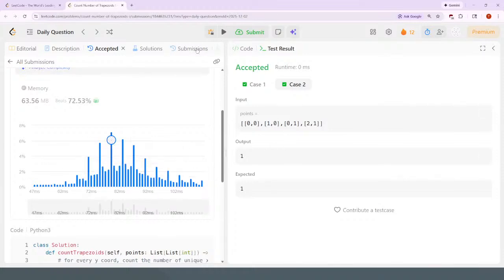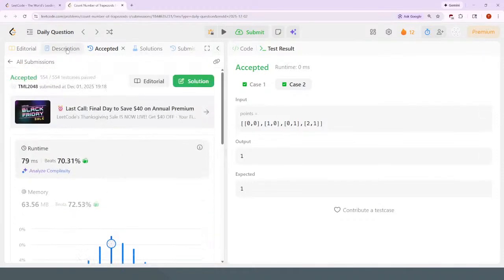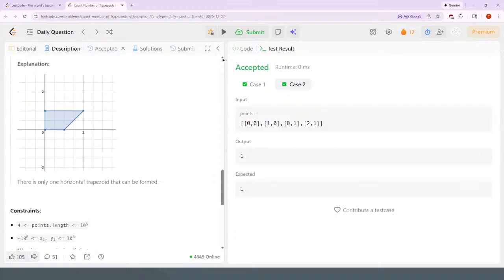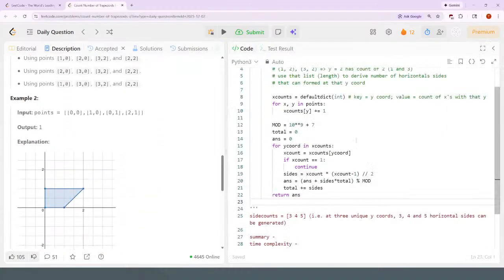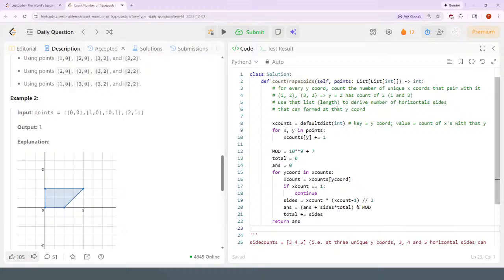Still not fast. Okay, let's go ahead and reconsider this. So I have a default dictionary, x counts. I guess I could sort it rather than generate a default dictionary.